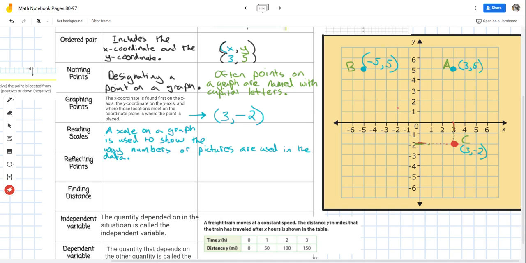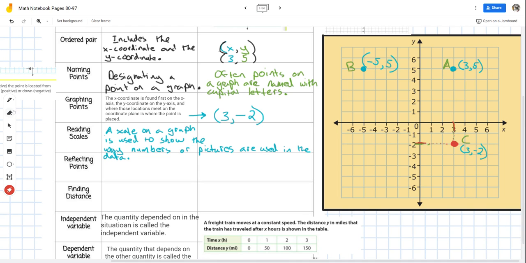So if you're dealing with a large number in your data and you don't want your graph to go into these large numbers, then you might have a scale on the side that shows that the graph is compressed and that you're showing smaller numbers on the graph that represent larger numbers in real life. So we'll run into that quite a bit when we do homework and independent practice. So we'll talk about that more.